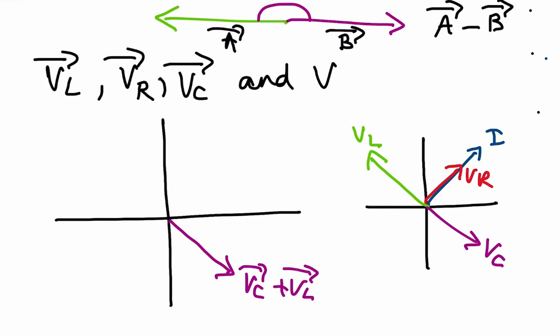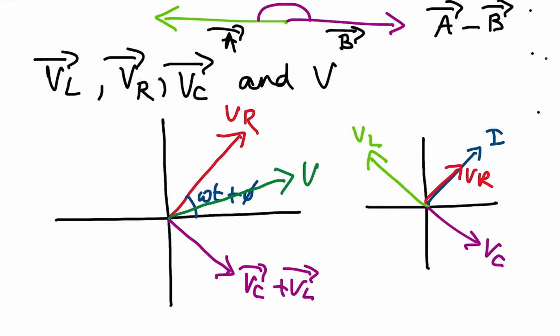Then we have the voltage across the resistance like this. This is VR, and VR makes an angle omega t plus phi with the x-axis. Then the applied voltage makes an angle omega t with respect to the x-axis. So let us take the applied voltage, which makes an angle omega t with respect to the x-axis.